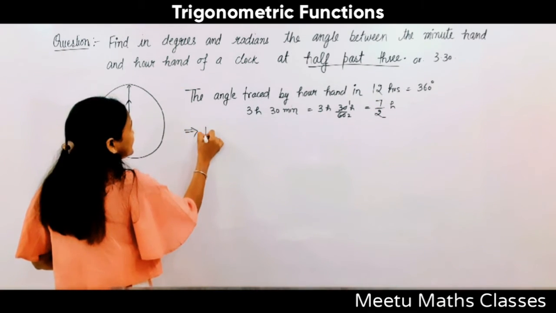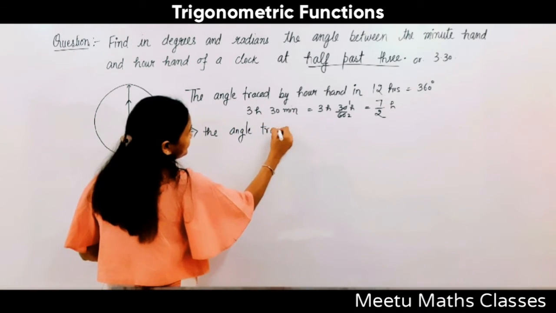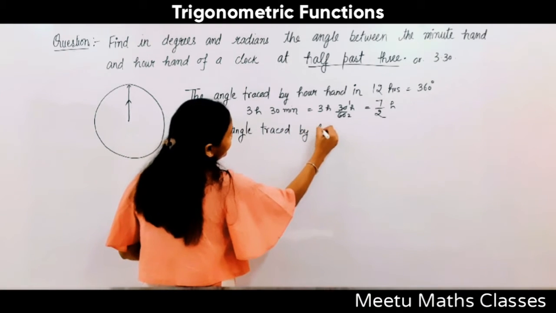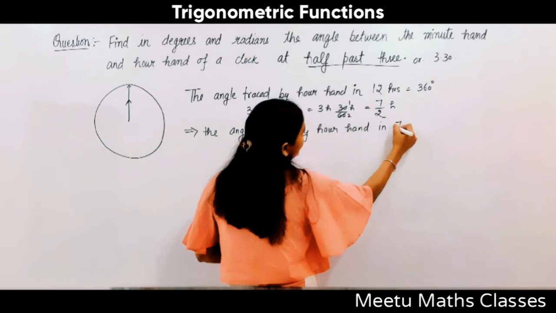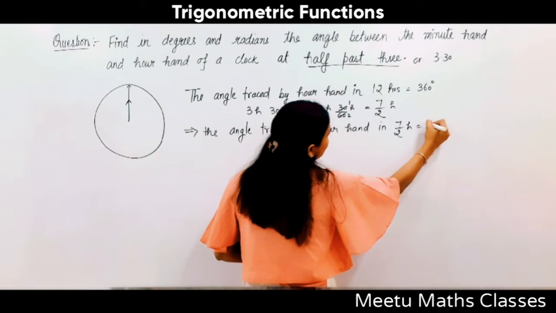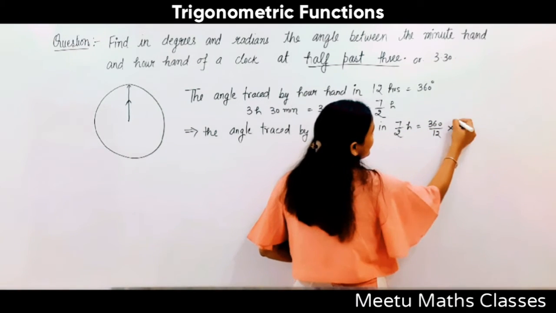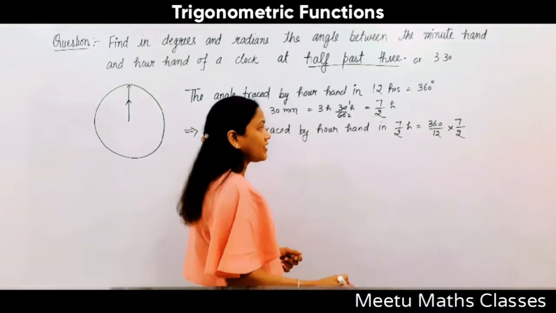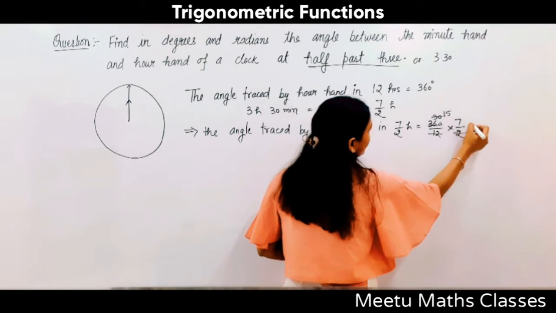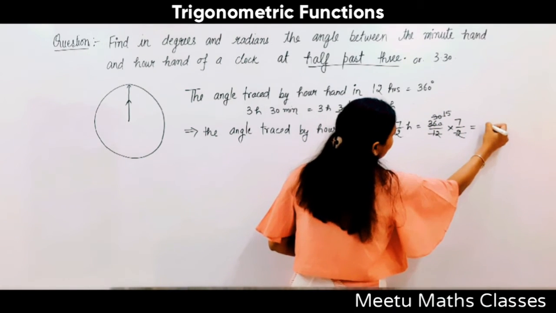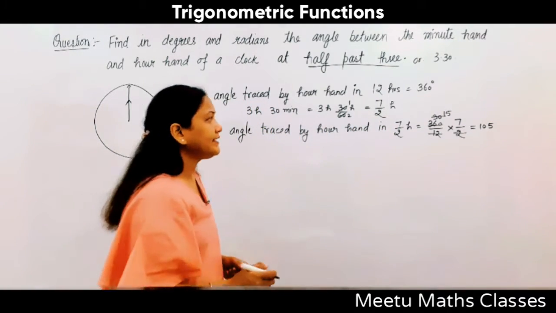That implies the angle traced by the hour hand in 7/2 hours will be 360 divided by 12, and then you multiply with 7/2, and this will give you 105 degrees.